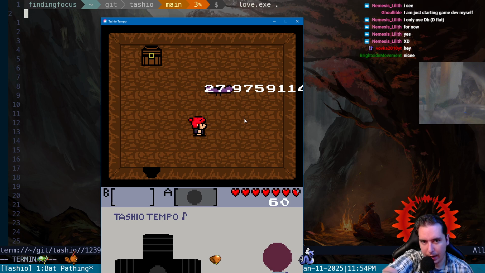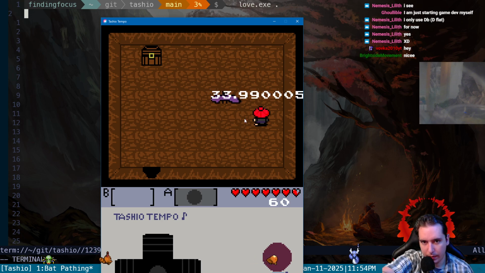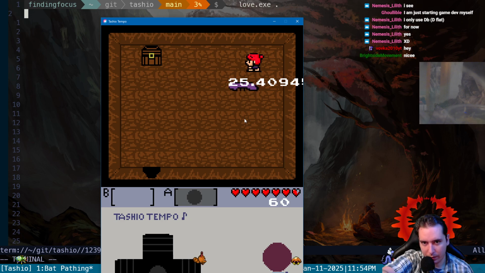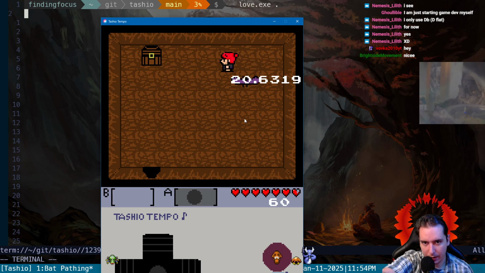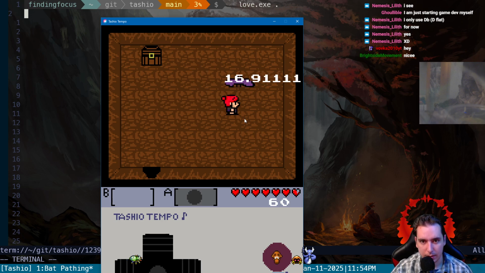Then if we're in the bottom right quadrant, it would be the bottom right of our bat to the top left of our player. And then if we're in the top right, it would be the bottom left of us, top right of bat. Gosh, I think I said that all backwards.